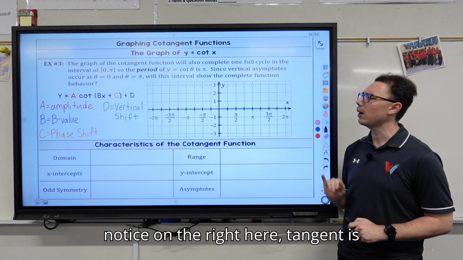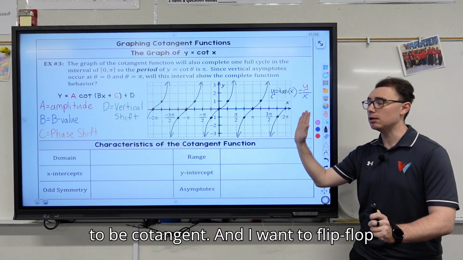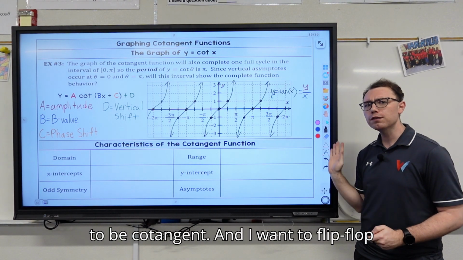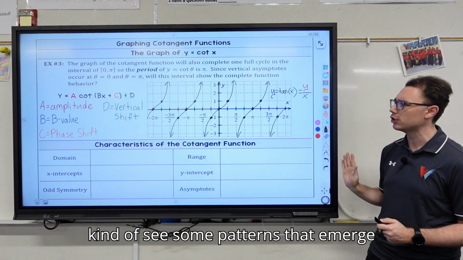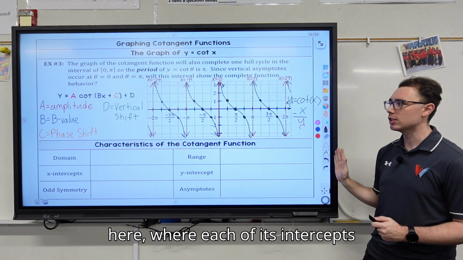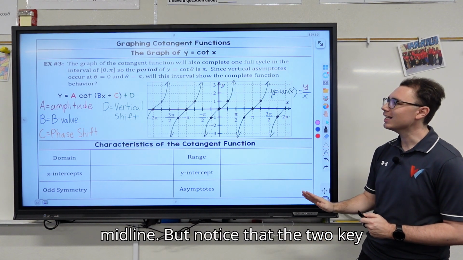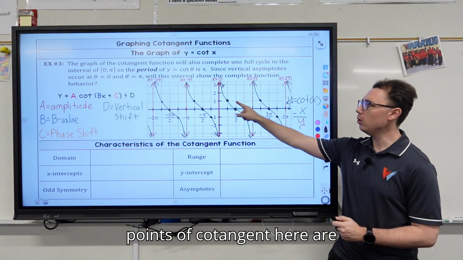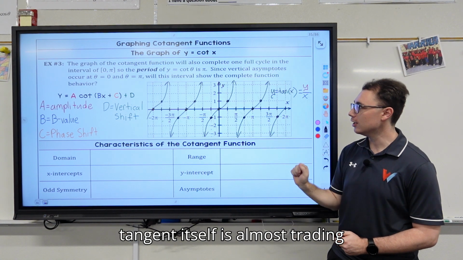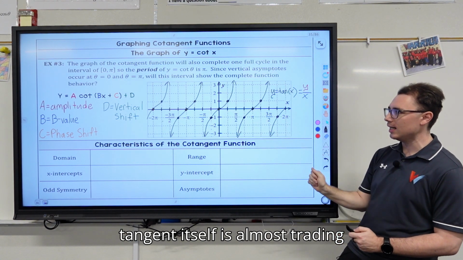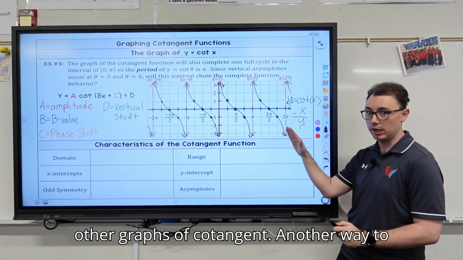Now notice on the right here, tangent is graphed first, and second is going to be cotangent. And I want to flip-flop back between these graphs a little bit to kind of see some patterns that emerge here, where each of its intercepts across the x-axis here is still its midline, but notice that the two key points of cotangent here are shared with tangent here, where tangent itself is almost trading those second key points between two other graphs of cotangent.